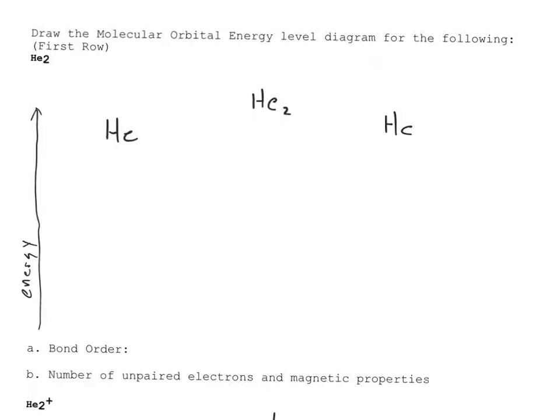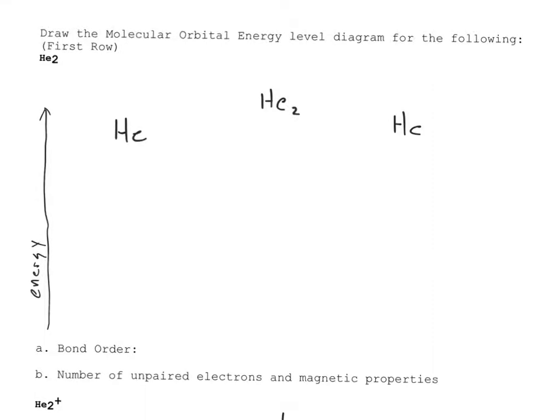So we're going to have our two heliums, one here on the left and one on the right, and when they bond, they're going to form bonding orbitals and antibonding orbitals.